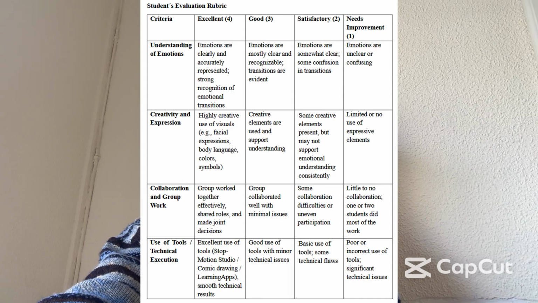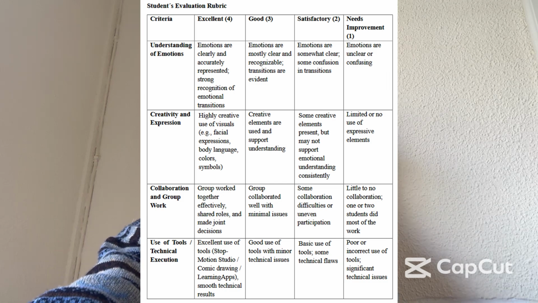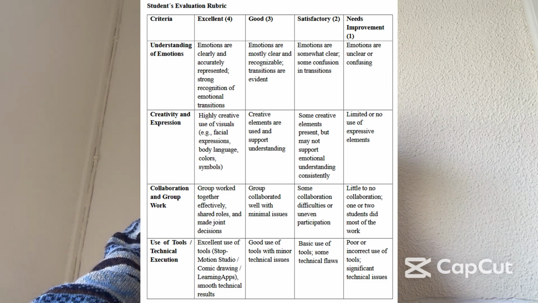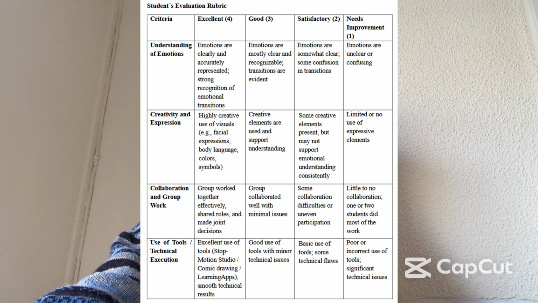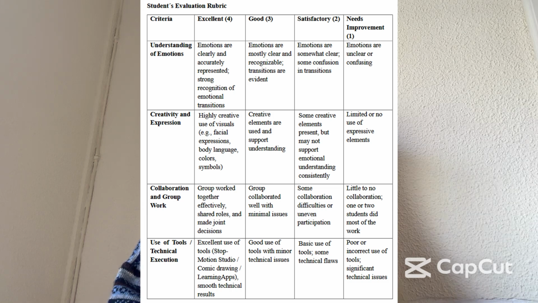To assess the students' work, I use a rubric with 4 criteria: understanding of emotions, creativity and expression, collaboration and group work, and use of tools. Each criterion is rated on a scale from 1, needs improvement, to 4, excellent.